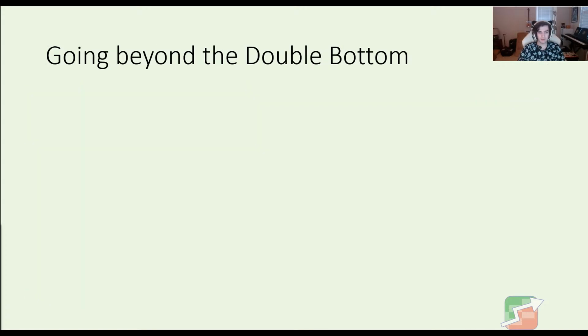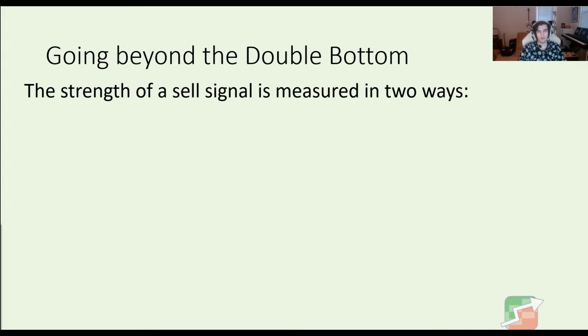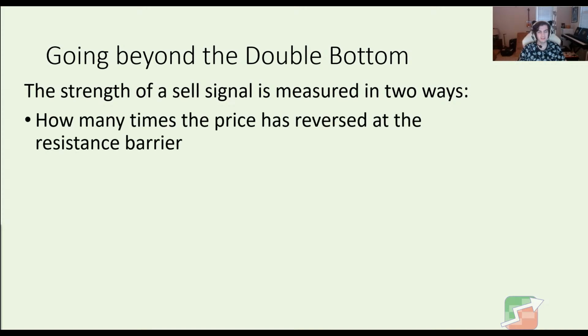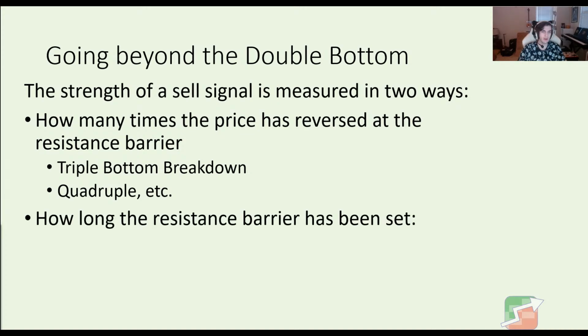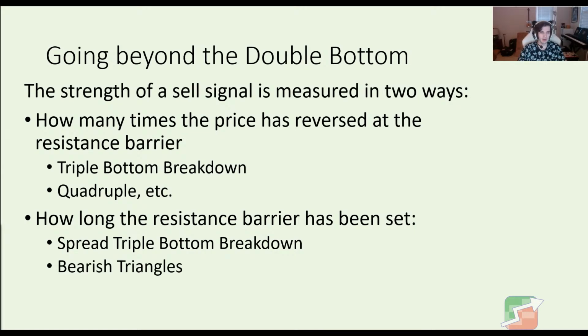And just like the double top breakouts, the double bottoms, or the sell signals rather, are measured in 2 ways. How many times we hit the barrier, triple, quadruple, and so on, and how long the support barrier has been set but not passed. Again, same ideas. Spread triple bottom breakdown and bearish triangles.